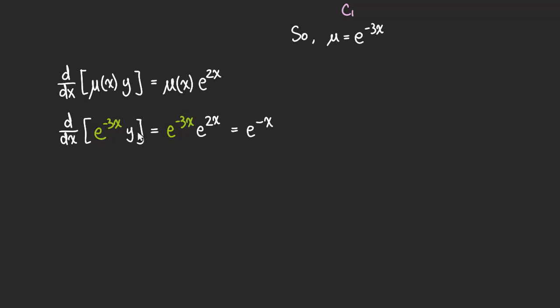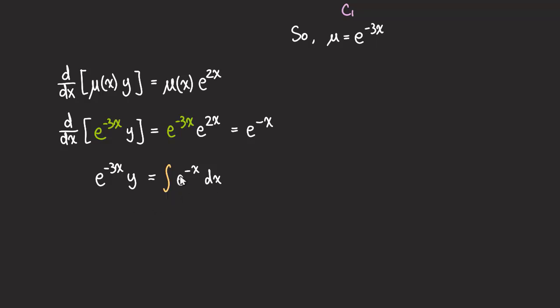Integrating it, we'll just get the stuff that's inside the brackets. So we integrate both sides, and we get e to the negative 3x y is equal to the integral of e to the negative x dx. Now all we need to do is integrate this one and then isolate y, and then we have finished solving the equation.